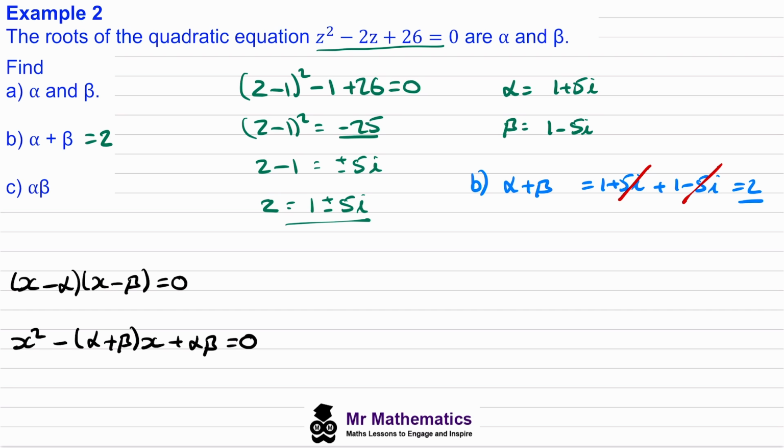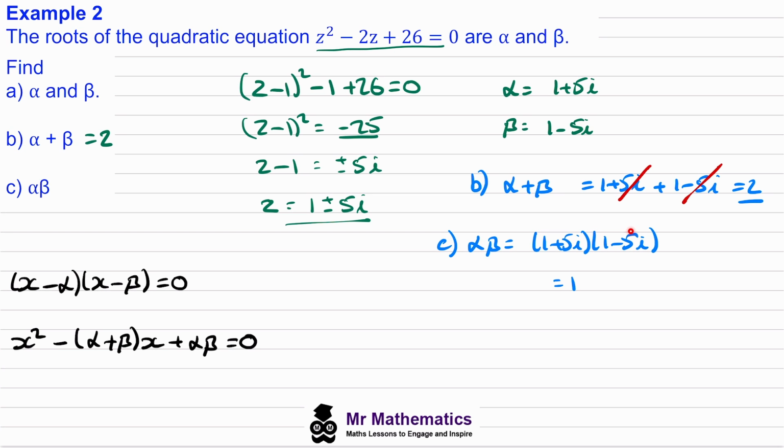And then for part C, alpha beta, we know this will be our constant term, which is 26. But if we multiply them together, so alpha multiplied by beta, 1 plus 5i multiplied by 1 minus 5i, well, 1 times 1 will give us 1.